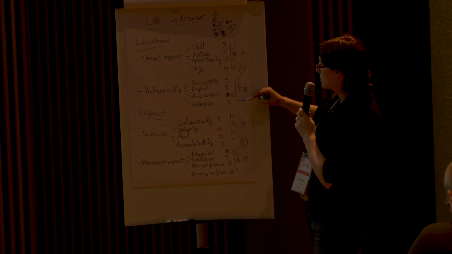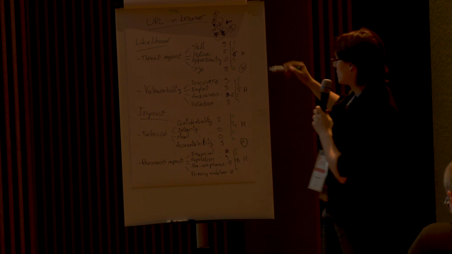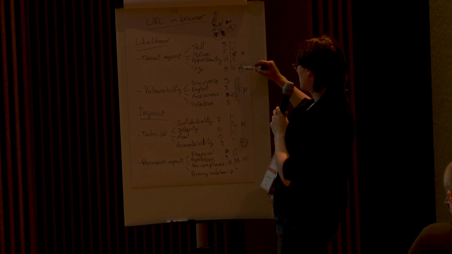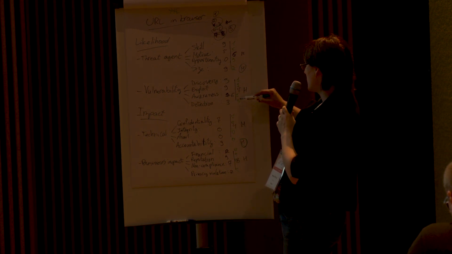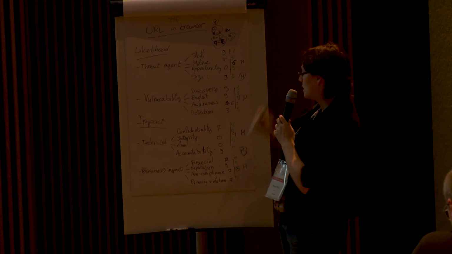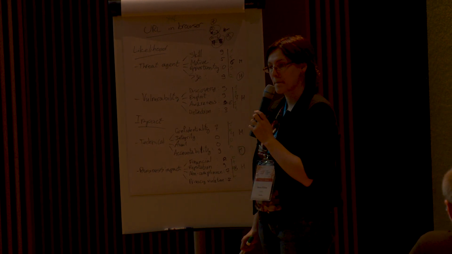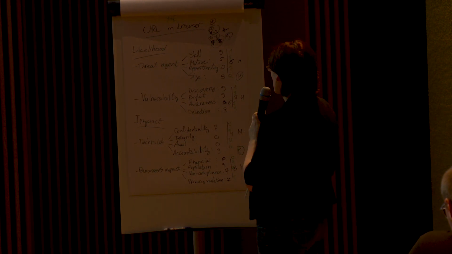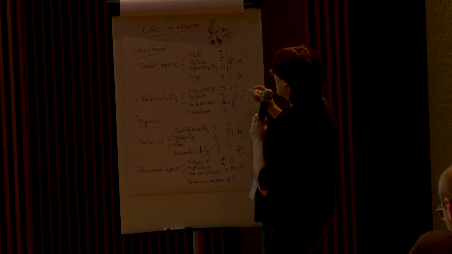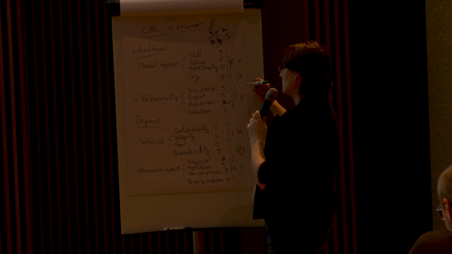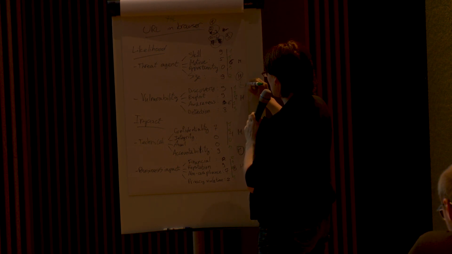Okay, no, but if you just add those 8, that's what I'm doing. 10, 15, 17 plus 3, 20, 23, 23 divided by 8. So it's actually low. Okay, so low likelihood.